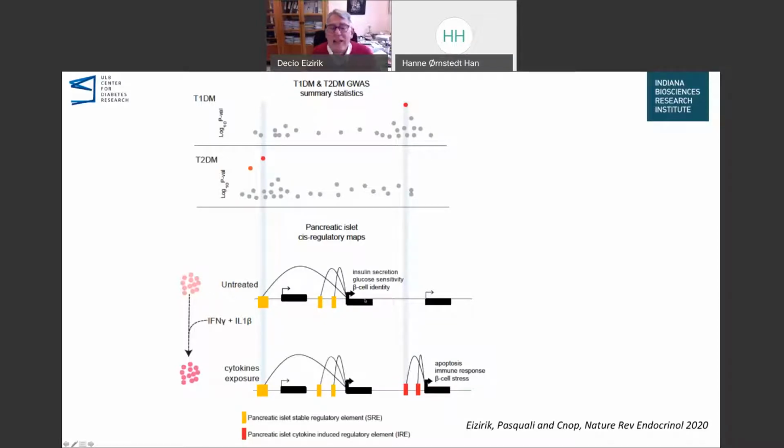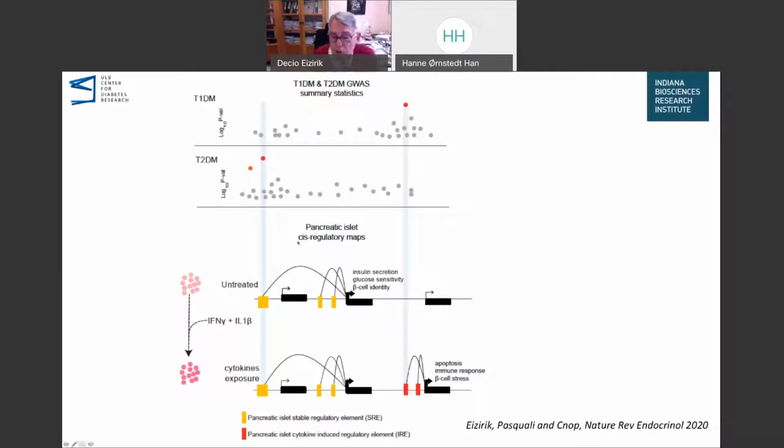And which are the genes where these candidate genes are actually binding? Well, they are involved in insulin secretion, glucose sensitivity, and beta cell identity, which makes sense in the context of type 2. When you look in the context of type 1, you do not see binding under basal condition. You will only see binding after the islets are exposed to an inflammatory stress, in this case cytokines.